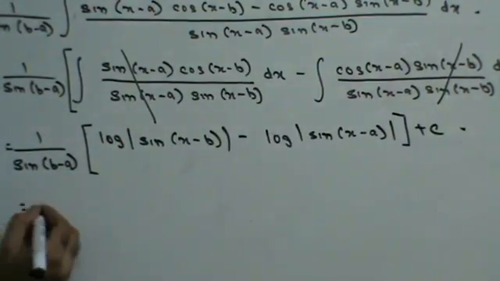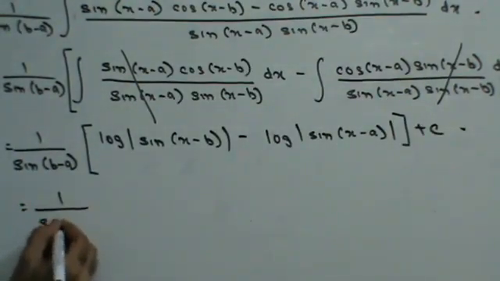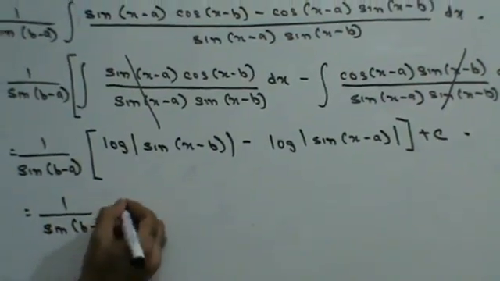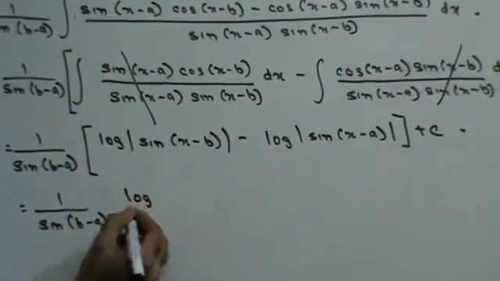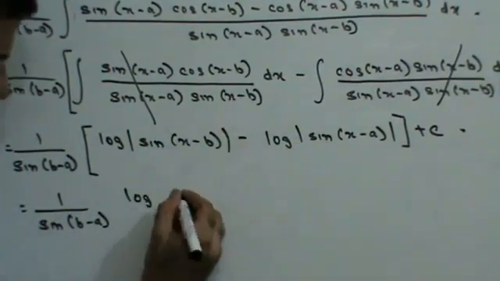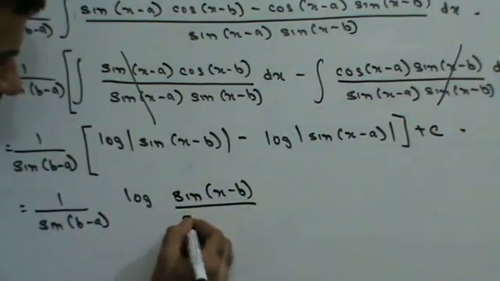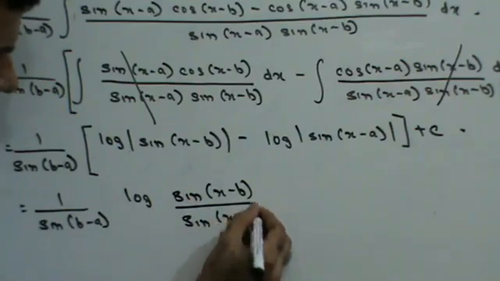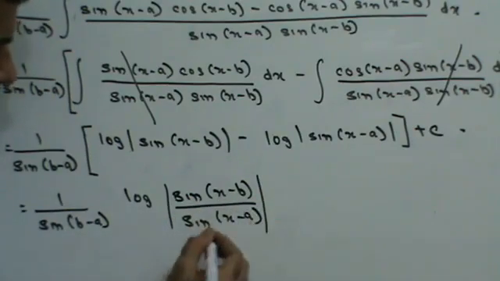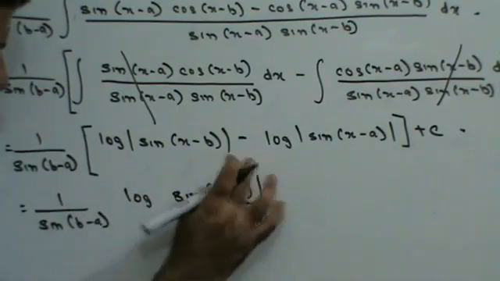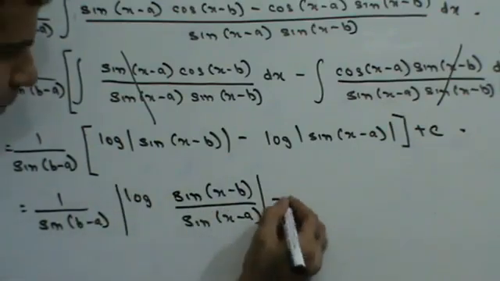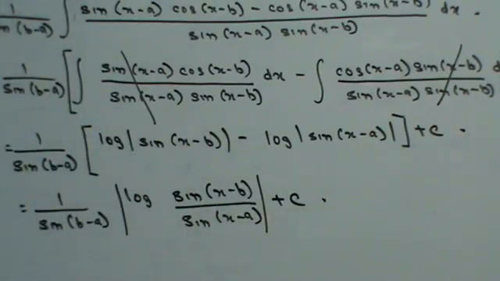But log a minus log b is nothing but log of a upon b. So this is going to be log mod of sin(x minus b) upon sin(x minus a), plus c. That will be your answer.